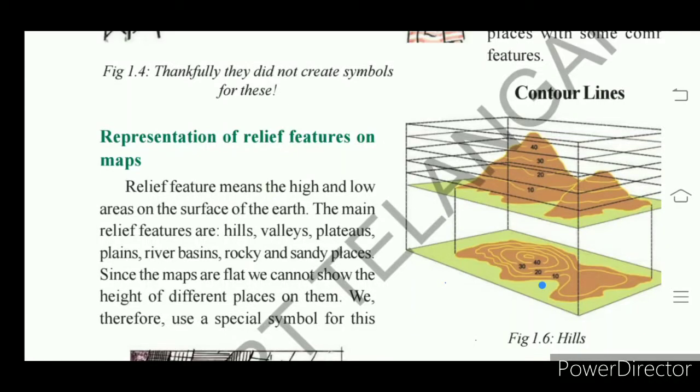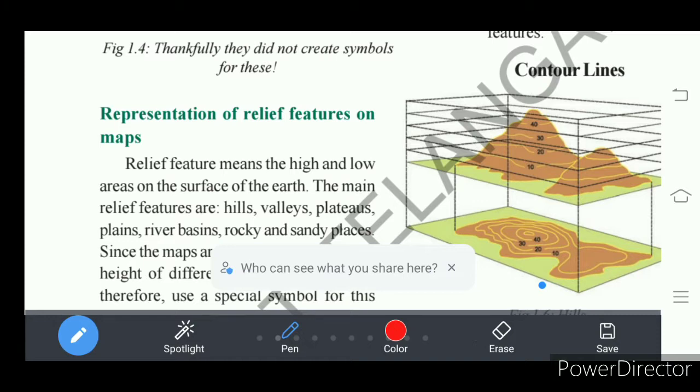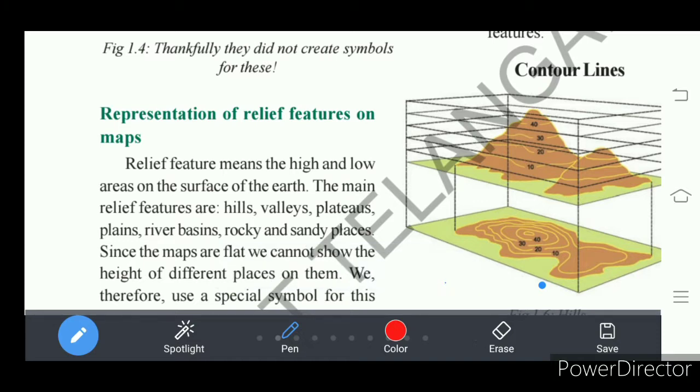Relief features. What is meant by relief features here? You know that on the earth's surface there are hills, valleys, plateaus, plains, river basins, rocky and sandy places also.